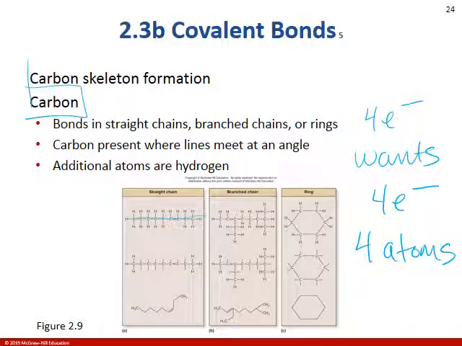You can make a straight chain with carbons with hydrogens hanging off. You can make branched chains. You can create ring-like structures. So the state of the electrons and the state of the outer ring of carbon allow it to be very versatile, so we can form many different structures.